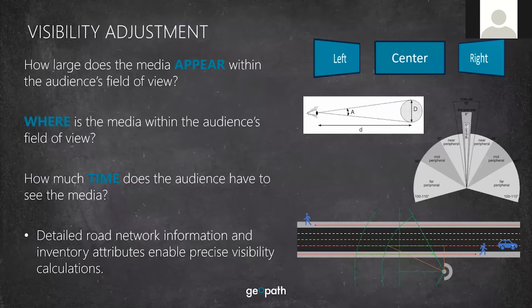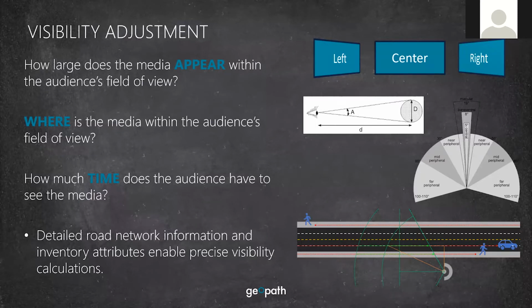So understanding how large that format is, or how large that particular unit is from the audience, how far away it is from the roadway, allows us to understand how large it appears. So the angle, the size, and the distance all come into play for that apparent size of a unit.